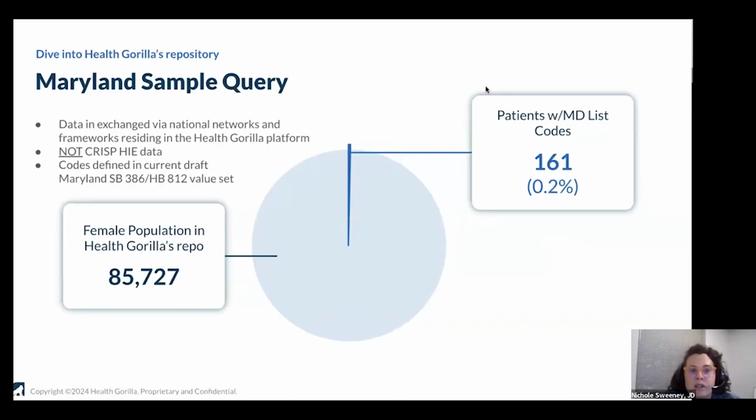So this is not CRISP HIE data as we say in the slide. This is data that Health Gorilla has from Maryland. And what they did was they took the Maryland code set, which is currently in draft form.